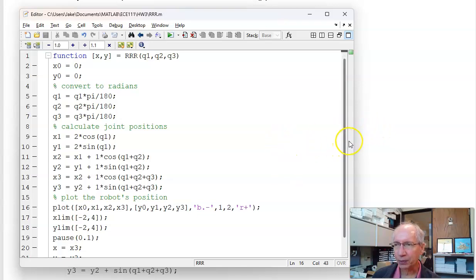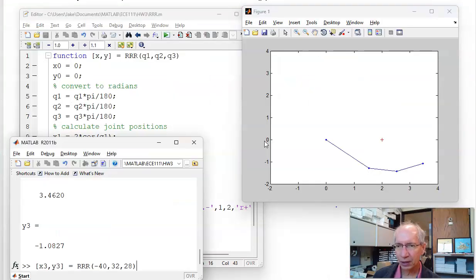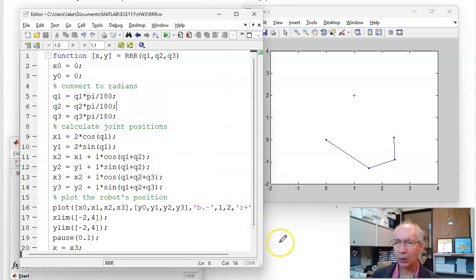And what I'm trying to do is find out what angles push the tip right here at 1, 2. So what I can do is guess again, guess again. Let's try 60 degrees, 70 degrees. Yeah, better, still not quite there. Guess again, or let MATLAB guess for you.